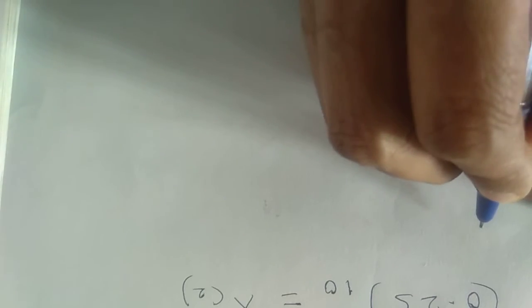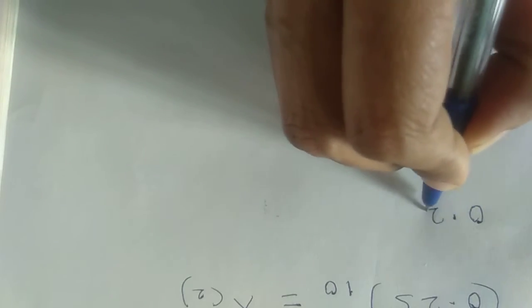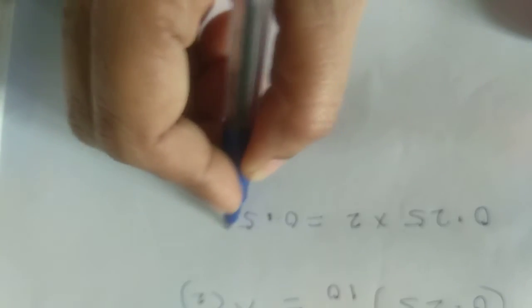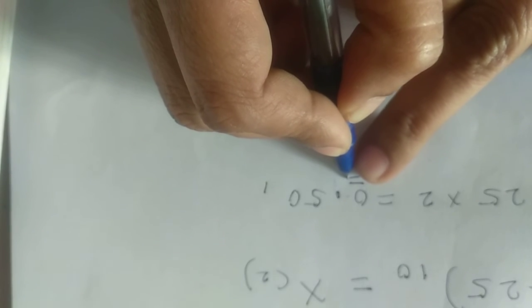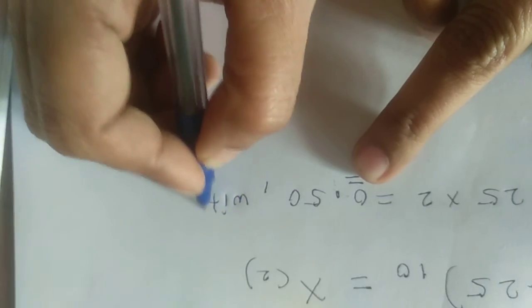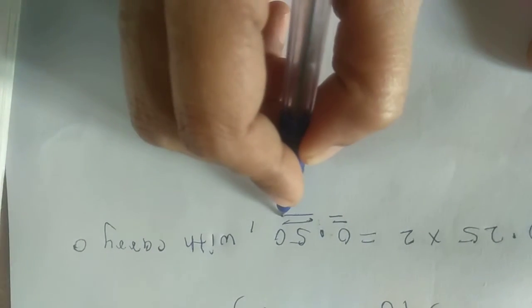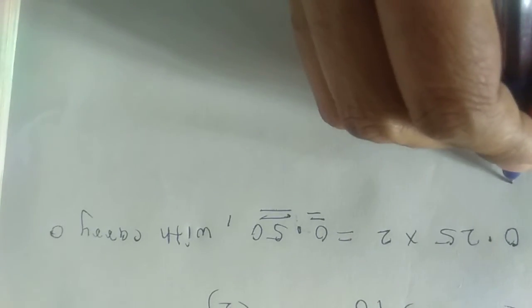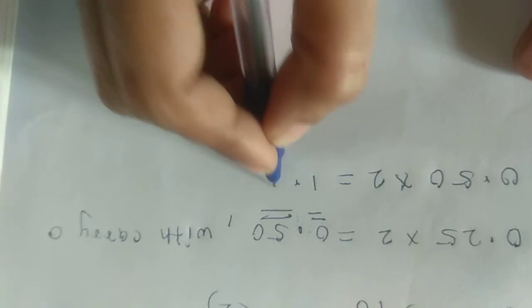Again, every time you multiply by 2. 0.25 into 2 is equal to 0.50. Whatever integer is there, you note it as carry, so with carry 0. Now consider the fractional part for the next multiplication: 0.50 into 2.